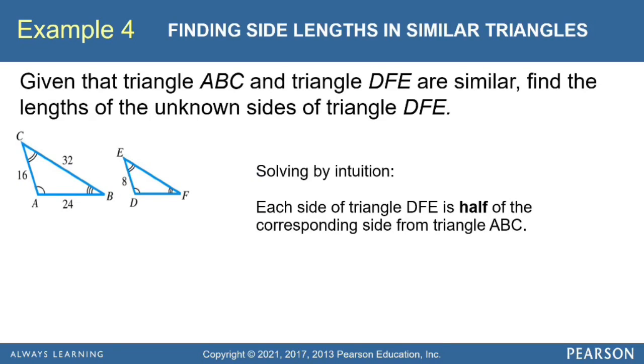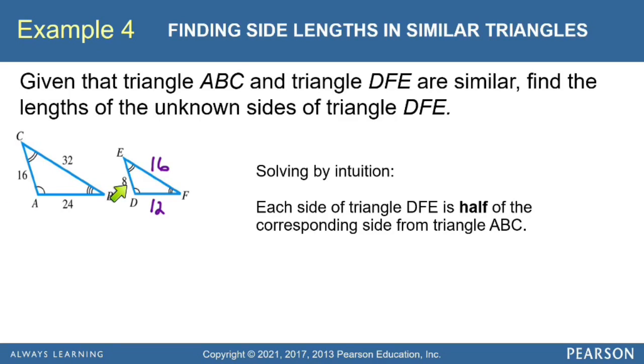We can solve this by intuition if we just notice that each side of triangle DFE will have to be half of the corresponding side from triangle ABC, because we see that 8 is half of 16, so this side is going to have to be half of 32. 32 divided by 2 is 16, so that side is 16. And then side DF is going to have to be half of side AB. So half of 24 is 12.